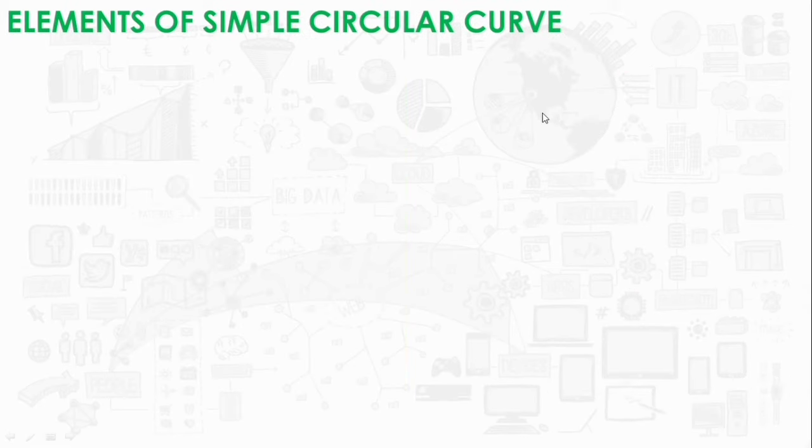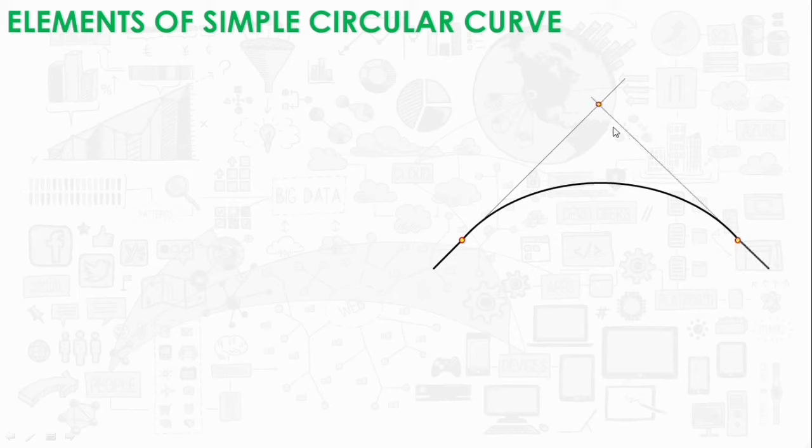So, the elements of a simple circular curve. Of course, a simple circular curve has its arc. Then we draw a tangent line. What does tangent line mean? A tangent line is a line that touches one point on a circle. Then we draw another tangent line there. This we will call the point of curvature.